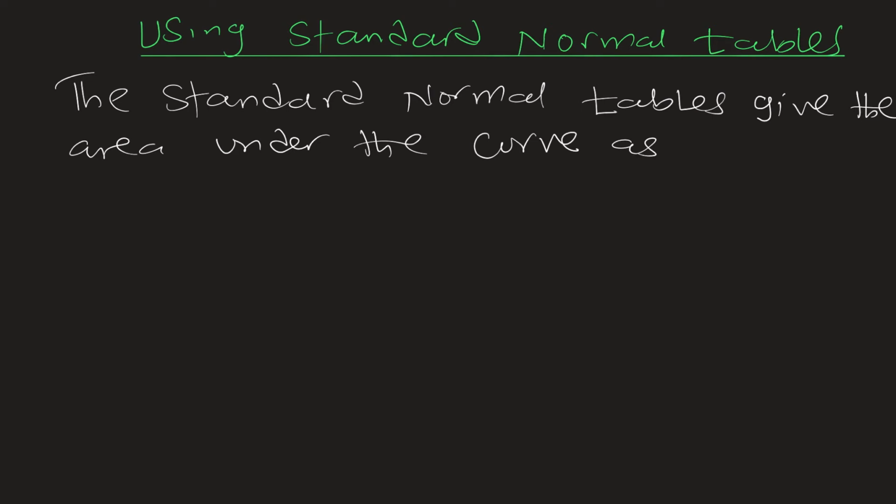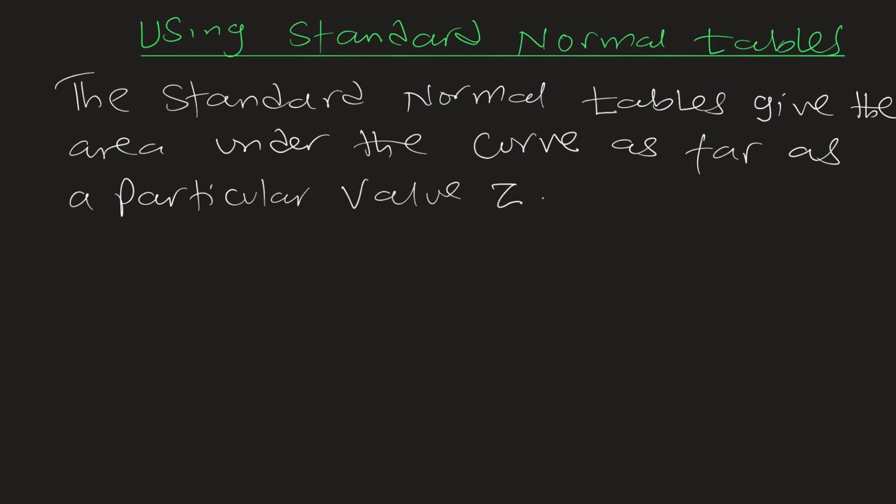up to a particular value z. So this is written phi of z. Now this is just a writing, this is how we write phi of z, and this area gives the probability that z is less than a particular value.